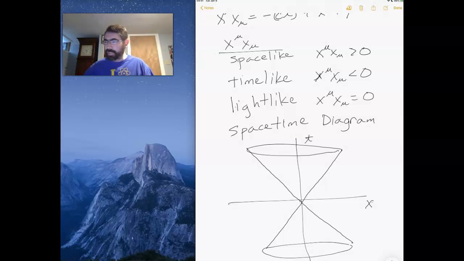And what you find is, if you map out all of your positions and times and connect them by a dot, you would walk along what's called this world line right here.